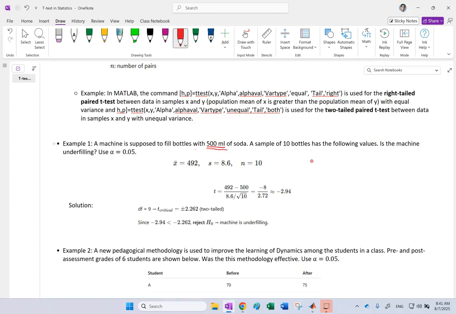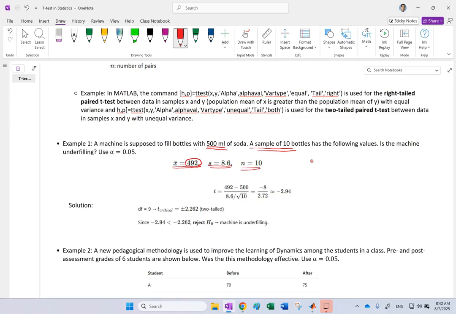Now, we filled 10 bottles with this machine and calculated the volume of soda in each one. We took the average of those 10 bottles and found that it puts on average 492 milliliters, and the standard deviation of the sample is 8.6. Again, we have 10 samples.